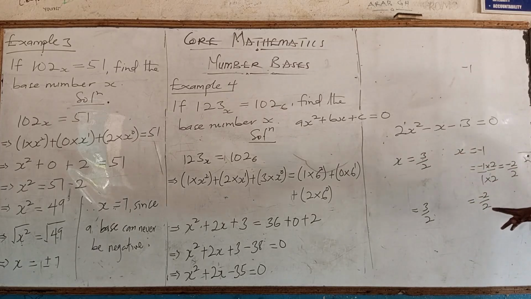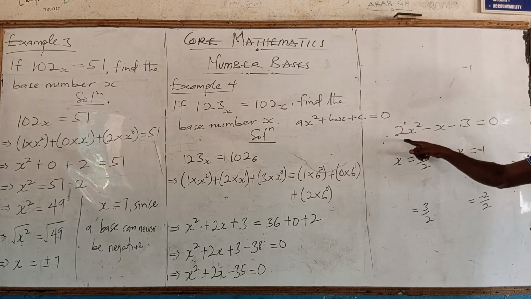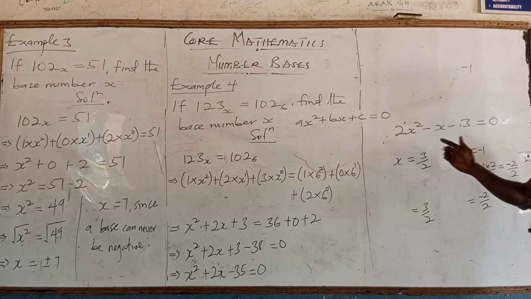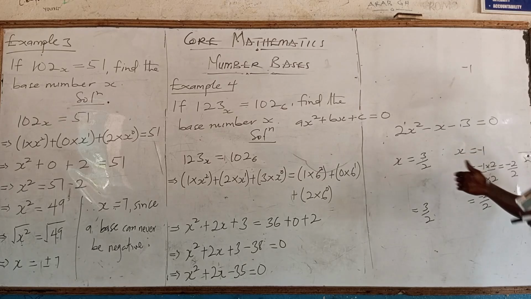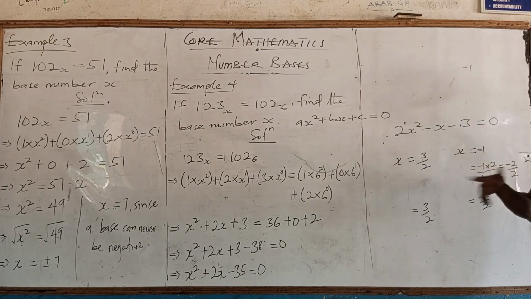So when you are solving, you are going to get this one before you solve to get this one. If the coefficient is a number other than 1, always the denominator of the answers will also not be 1.